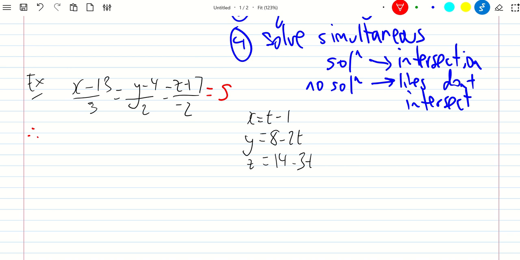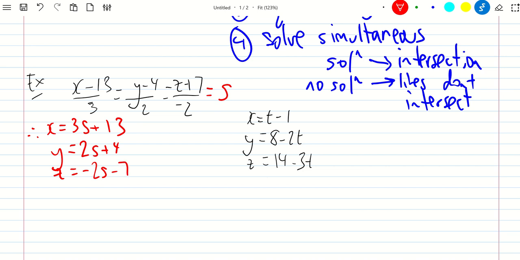So let me now write x in terms of s. We have x is equal to 3s plus 13. We have y is equal to 2s plus 4. And z is equal to negative 2s. Gee, that looks like negative z up there, but it's not. It's just z plus 7, so that'll be minus 7 there.